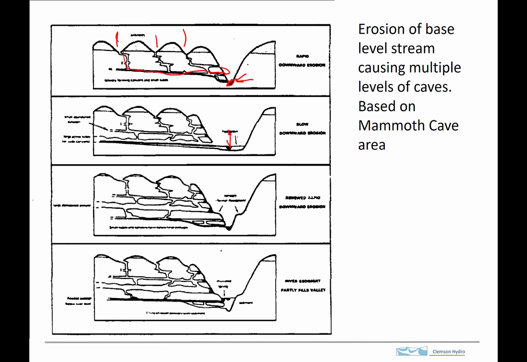Then it cuts down to here, and this set of horizontal conduits is abandoned, and now the flow goes like this. And then that happens again, and you've got a second set of abandoned horizontal conduits, and now the flow would go like that. And also importantly, the flow from up gradient goes like this.